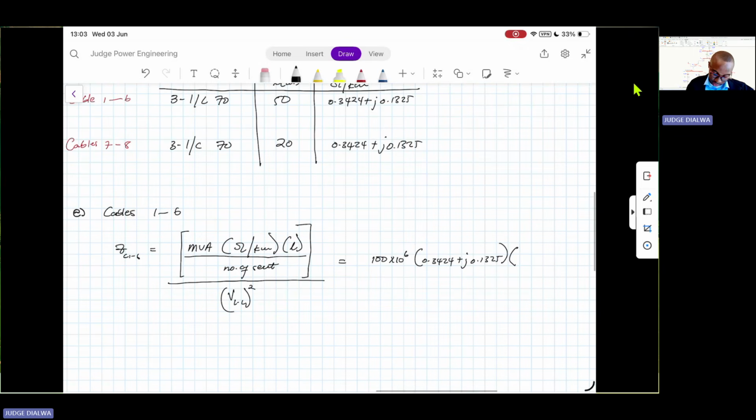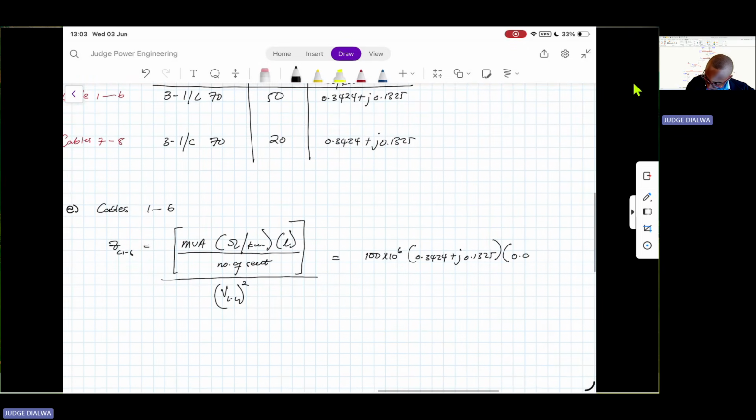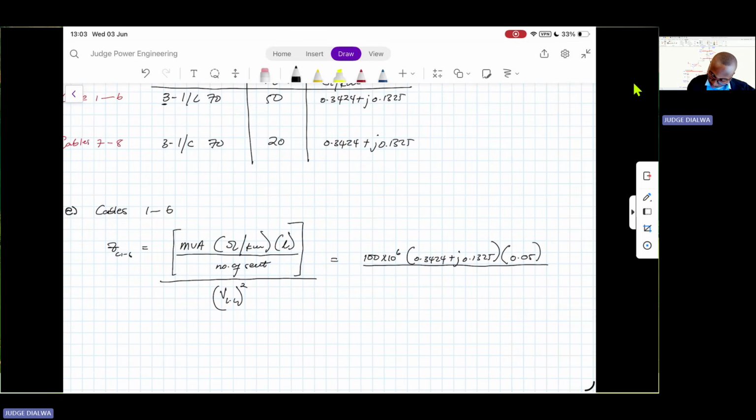Since we are given it in meters, that will be 0.05. All these are divided by the number of sets for these cables. There are 3 sets of single core conductors, 3. And all these are divided by the voltage at which these are connected.